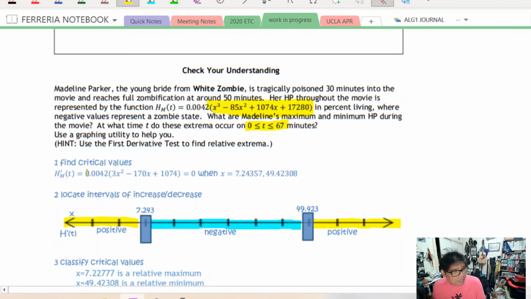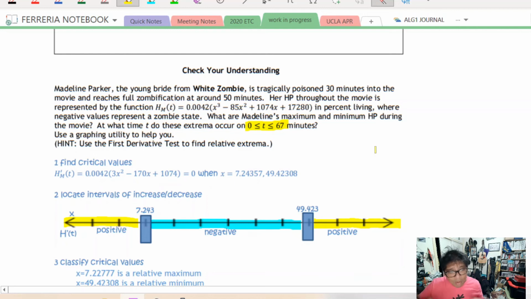Just leave the constant on the outside and take the derivative of the inside. The derivative of the inside is 3x squared minus 170x plus 1074. Then you keep that 0.0042 on the outside and set that equal to 0.